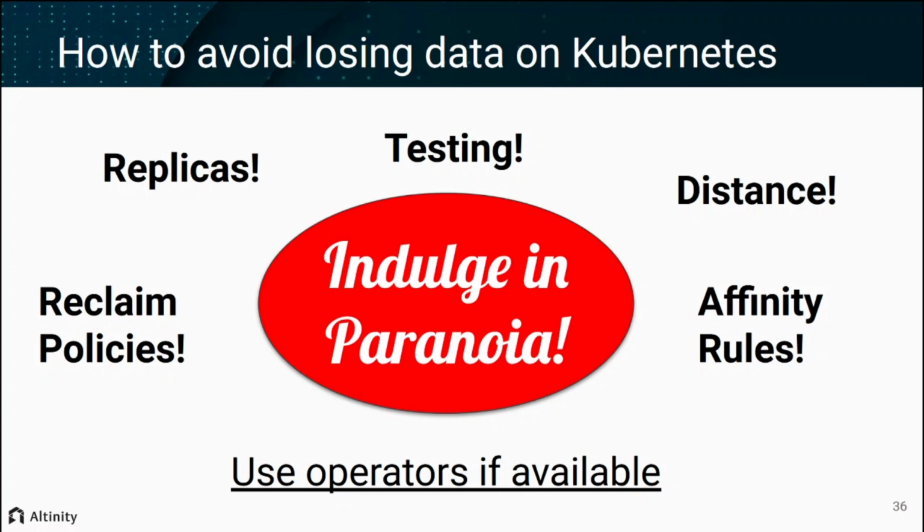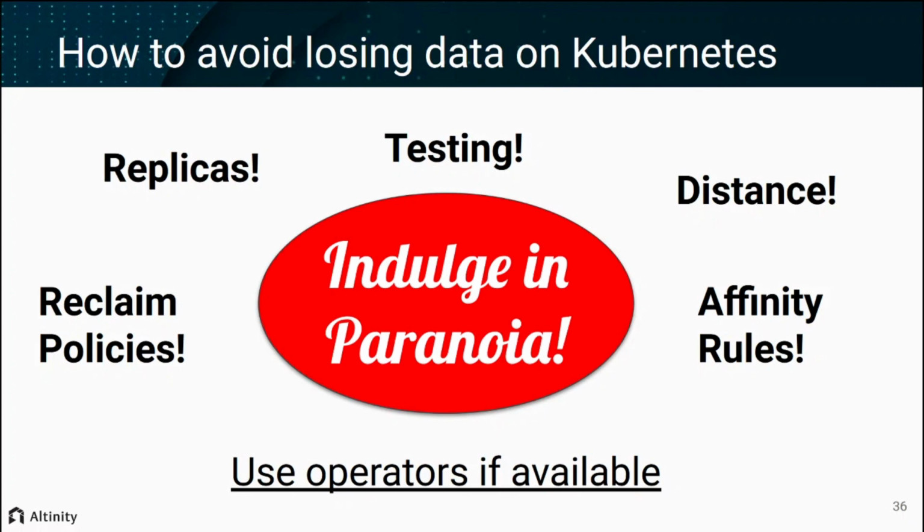First of all, have replicas of data. Extra copies are always good. Separate them by distance. Use affinity rules so that you can lean on the Kubernetes capabilities that allow you to spread pods across availability zones. This is a great feature, and keep them from clustering on single nodes.